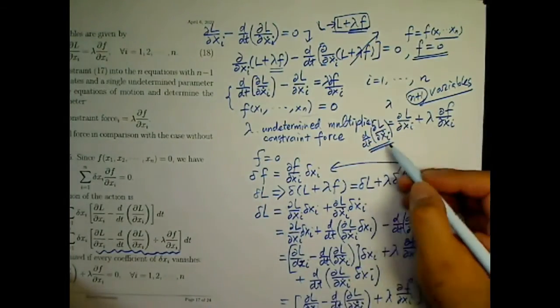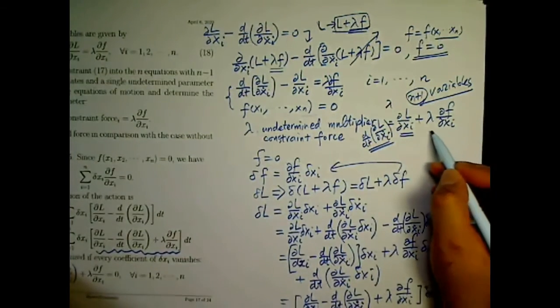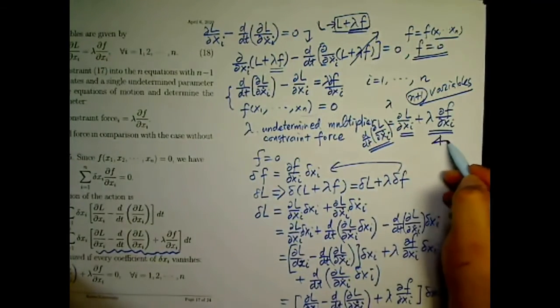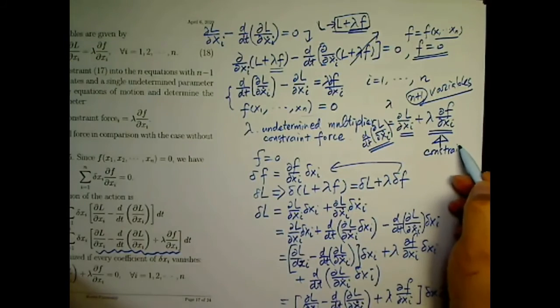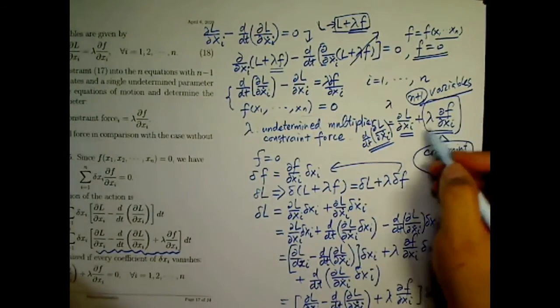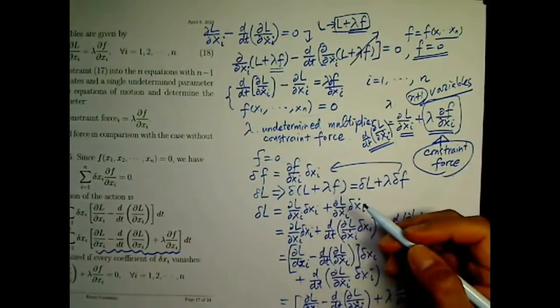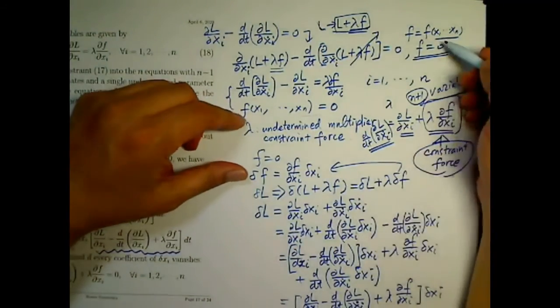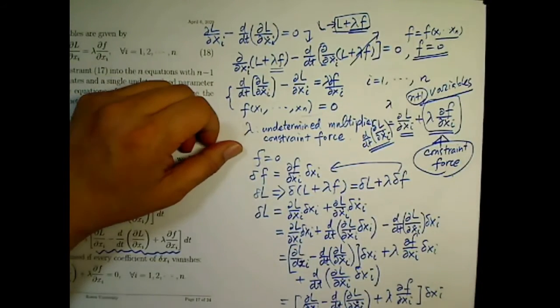And this is the time derivative of conjugate momentum. This is a force. Aha, this is the so-called constraint force. This constraint force has the same dimension as the force, and it is the additional force to control the system to let it satisfy this constraint equation. Okay.